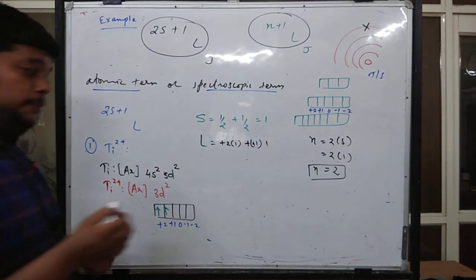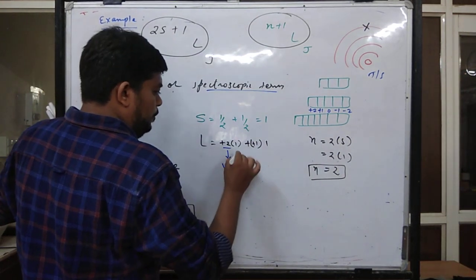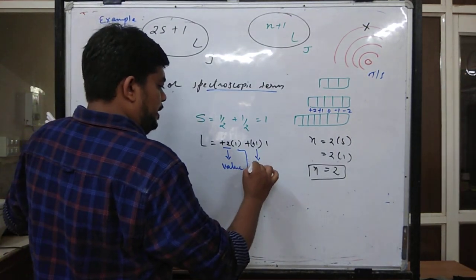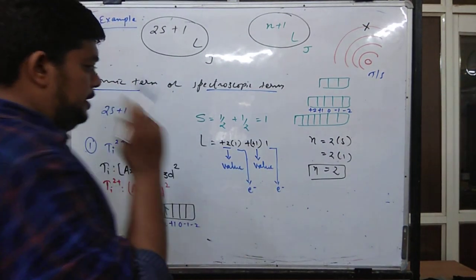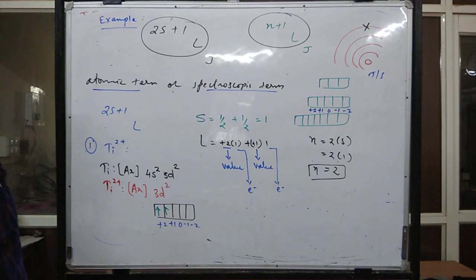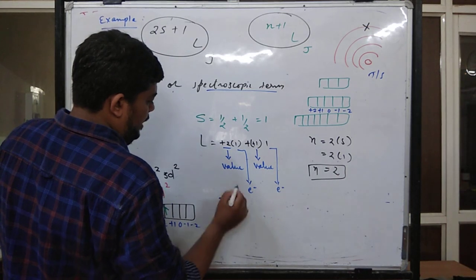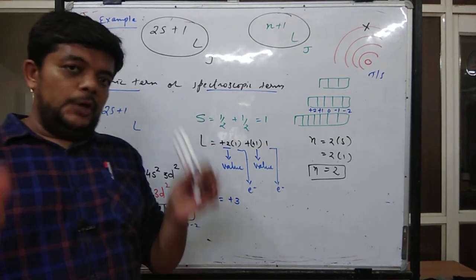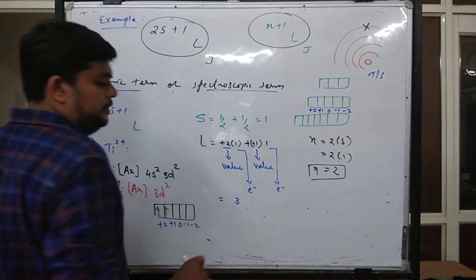Don't get confused: this +2 is the value for this particular electron, this +1 is the value for this particular electron, and the plus symbol is because of the summation of all ml values. When we add it up, we end up with +3, and generally we keep these things in modulus, so it will always be a positive term. So we will mention only 3.